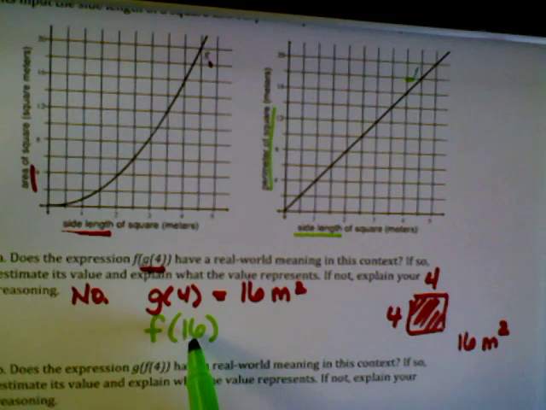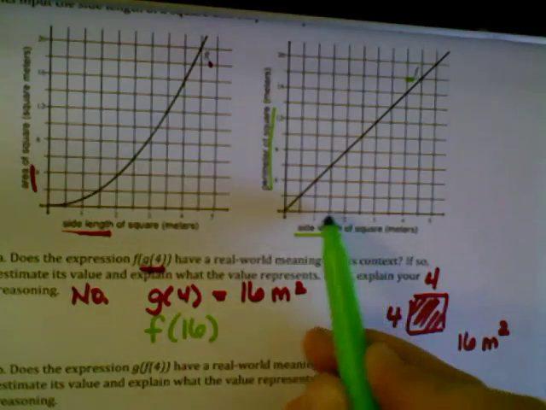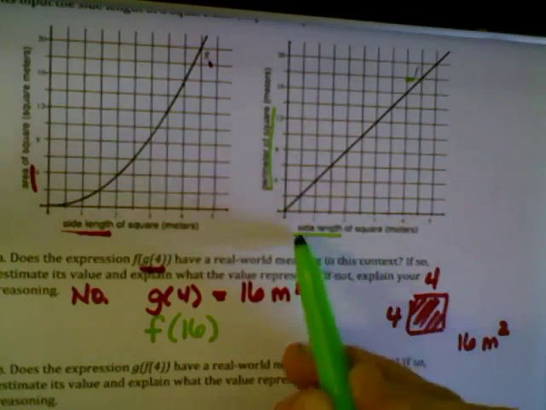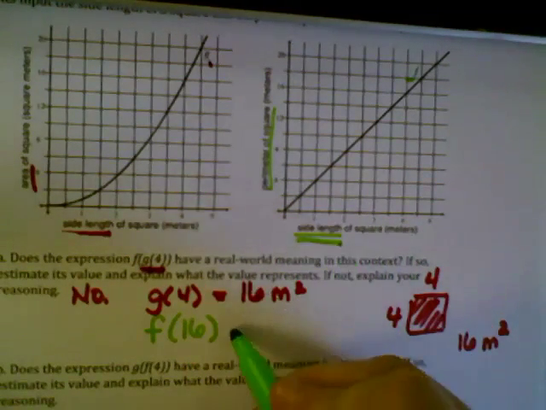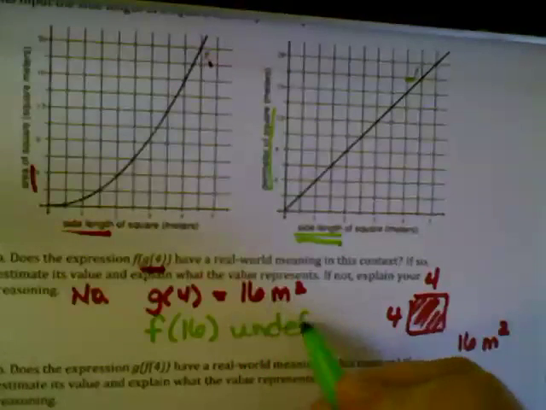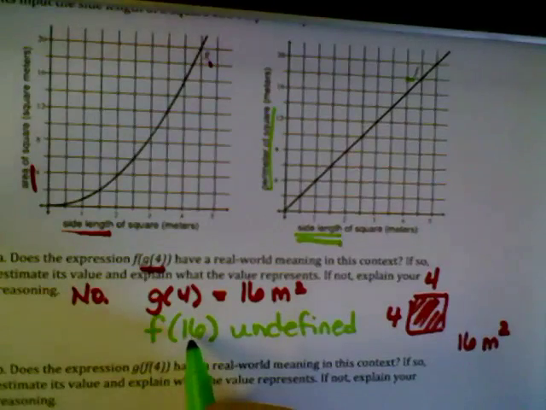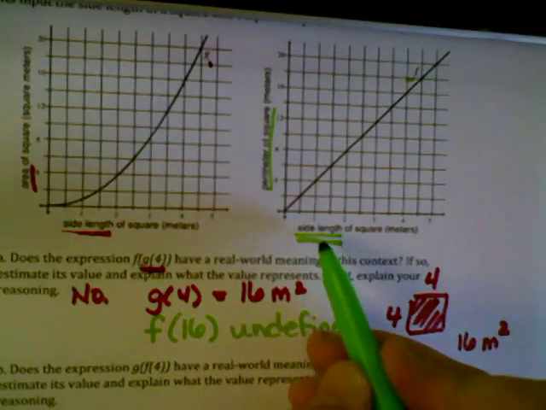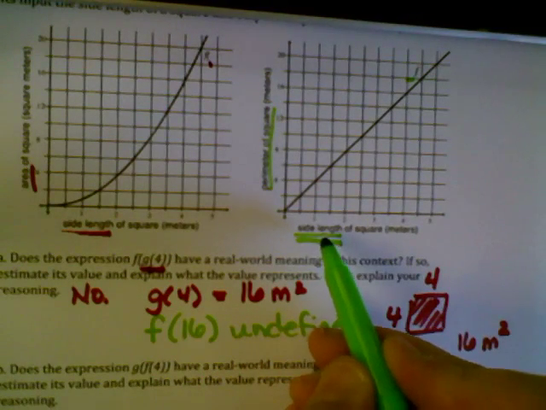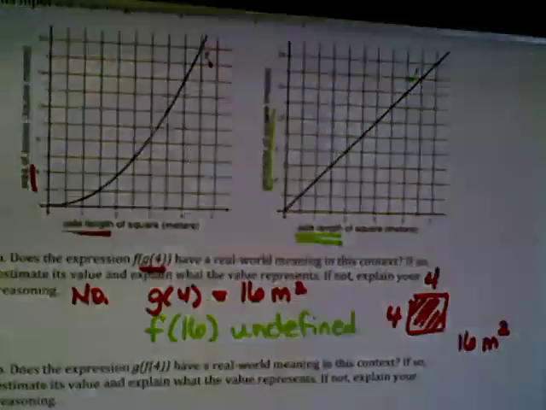Well, 16 is a value of area, but the input to f needs to be a side length. So this is undefined. We cannot evaluate f at some measurement for area. We have to evaluate f at some measurement of side length of the square.